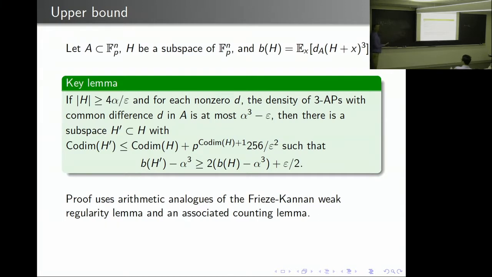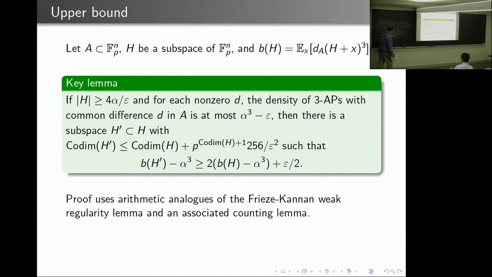So you can think of this as a characteristic function of your set A. And for H a subspace of F_p^n, we call H delta-weakly regular if for all characters chi, the Fourier coefficient of f minus f_H at chi is less than or equal to delta.